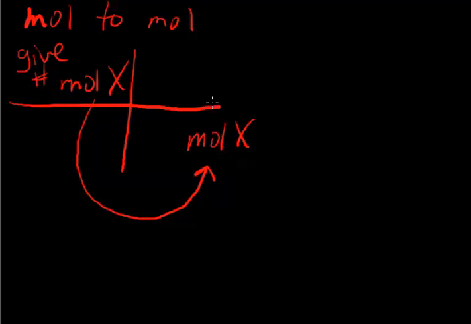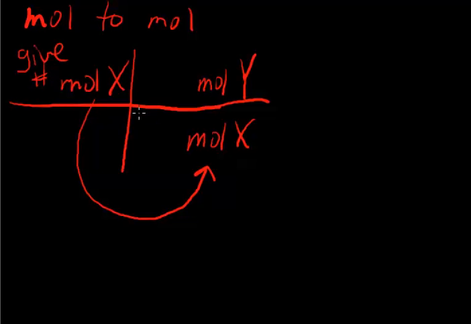Now, when you read the problem, they're going to ask you to change it to moles of something else. So you're going to go from moles of copper to moles of copper hydroxide or something like that. What you want to find, that always goes in the upper right.